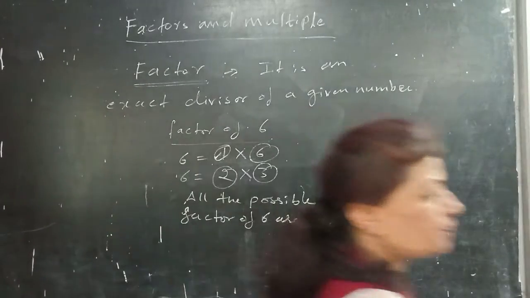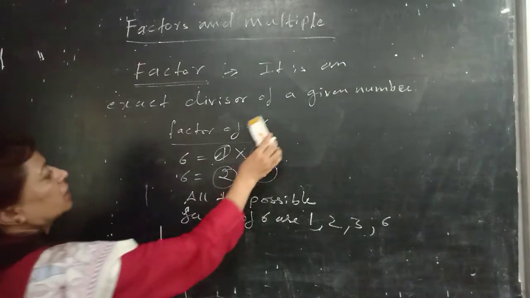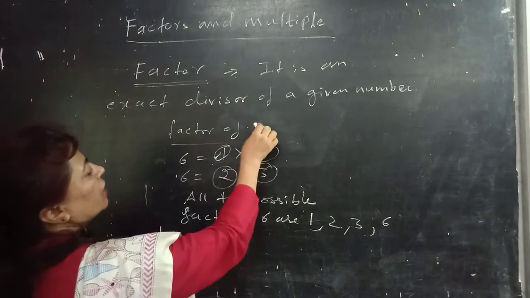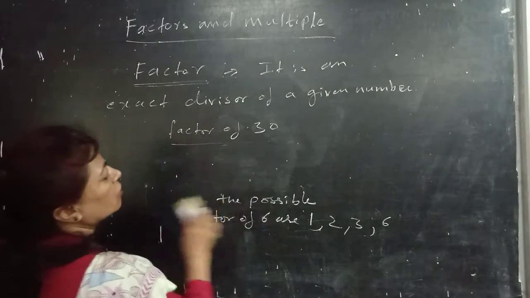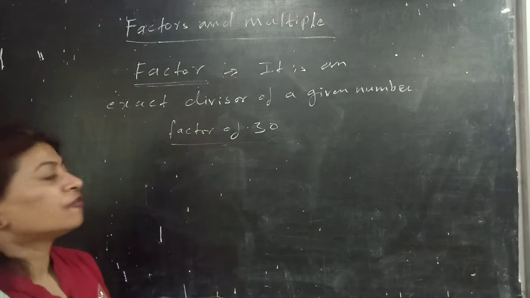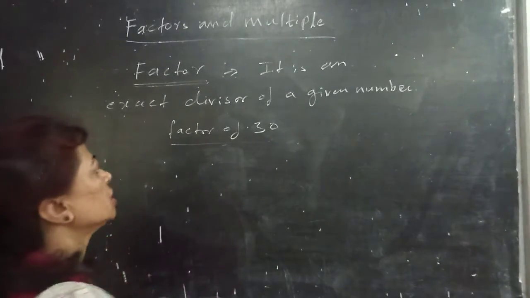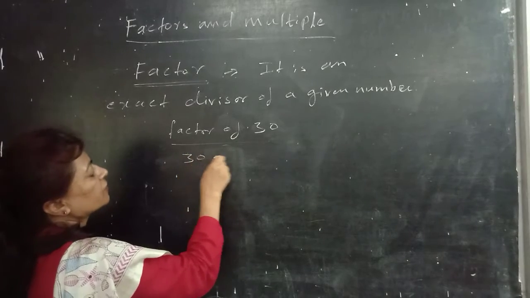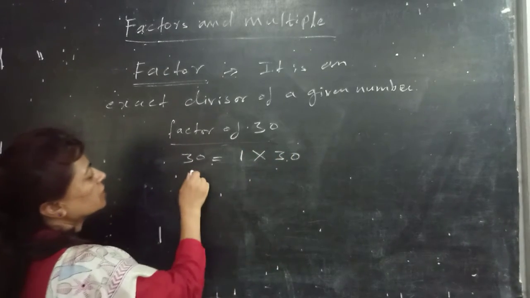Let us take one more example. If I am taking 30, we have to find all possible factors of 30. So it means we have to find the numbers multiplying which we obtain 30. So let us start with the table of 1. If we multiply 1 by 30, we get 30.